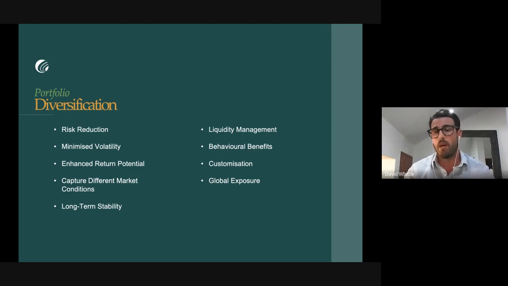They're able to minimize volatility, enhance their return potential, capture different market conditions, provide themselves with an averaged longer term stability, have liquidity management, also look at their behavioral benefits, customize their portfolio, and also give themselves a global exposure.